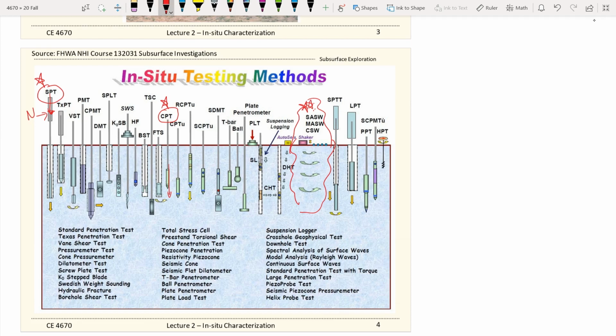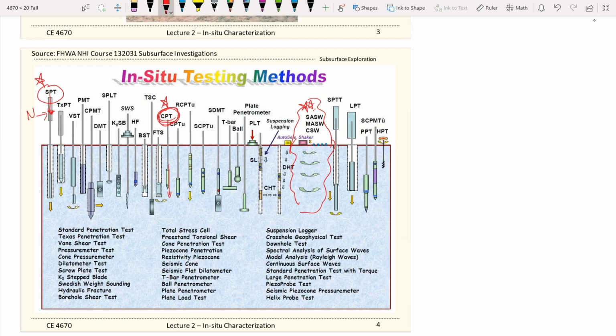And CPT is the development of technology or procedure after the SPT. It's relatively new compared to SPT, but it's not as new as those non-destructive methods that are still being developed.